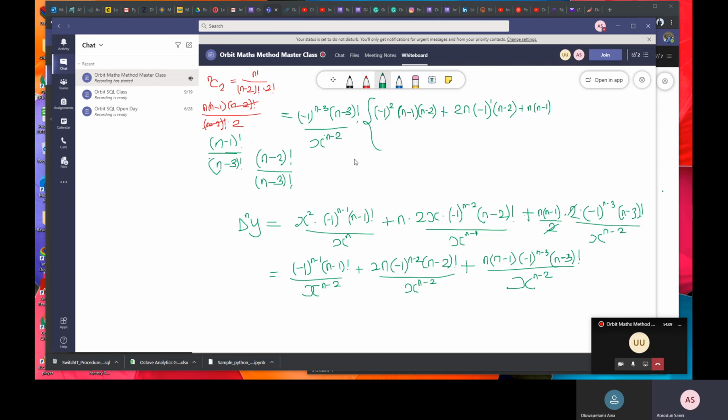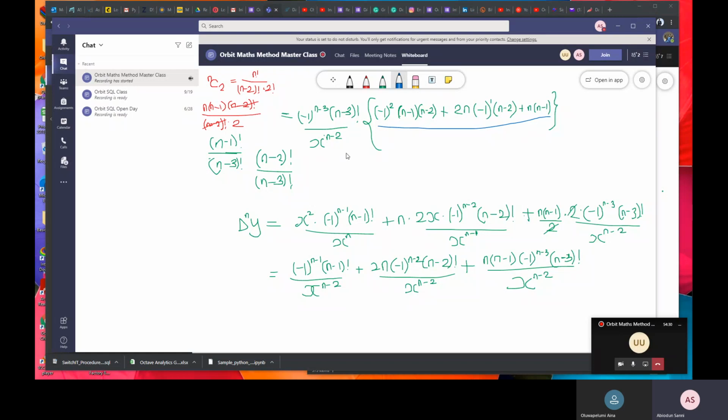So minus 1 to the power n minus 3 divided by minus 1 to the power n minus 3, that's 1. n minus 3 factorial divided by n minus 3 factorial, that's 1. So what I will have left is just this guy. Right? So what you'll be left with is to simplify this guy and multiply with this. So that will just be all.